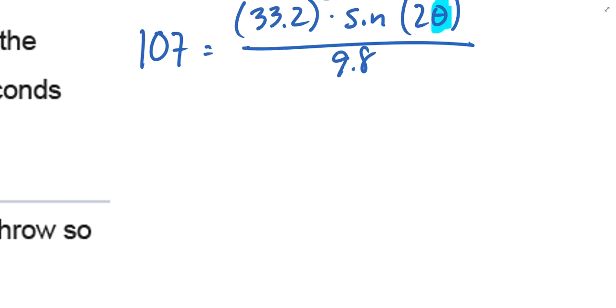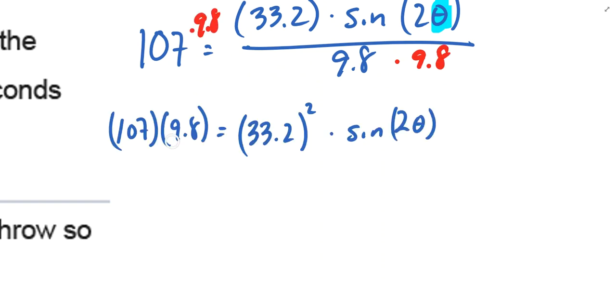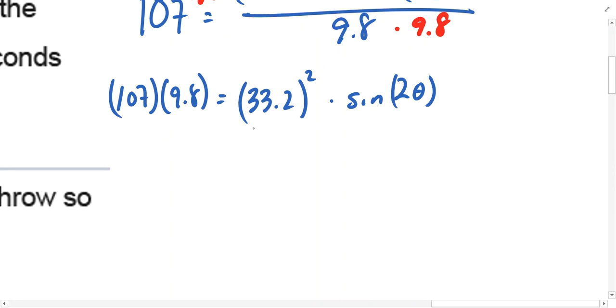So I'll show you what I mean. First, I would multiply both sides by 9.8. And you could go to the calculator and find out what that is. I'm just going to avoid that for right now and use the calculator in one big shot at the end here. After I multiplied both sides by 9.8, I'll divide both sides by 33.2 squared.